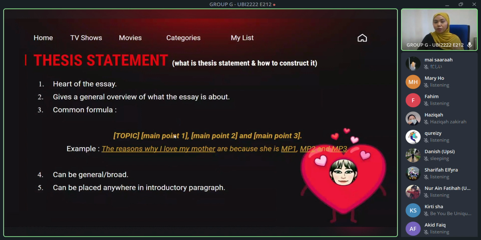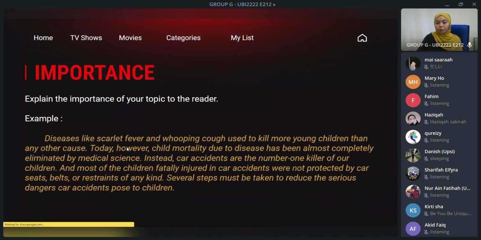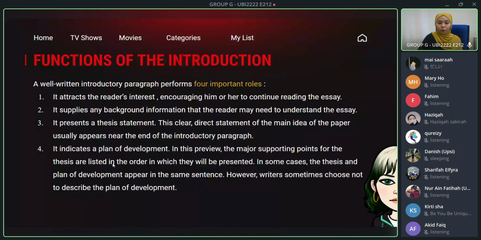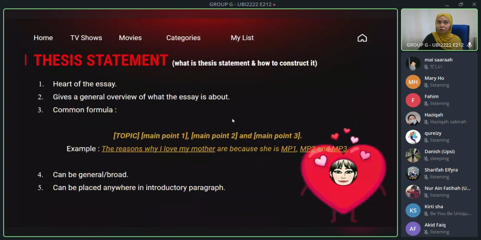They want to attract the reader's attention first and then continue talking about the background information and right after followed with a thesis statement. So most of the time, the main idea will appear near the end of the introductory paragraph. However, you may write freely as long as it's there, okay?